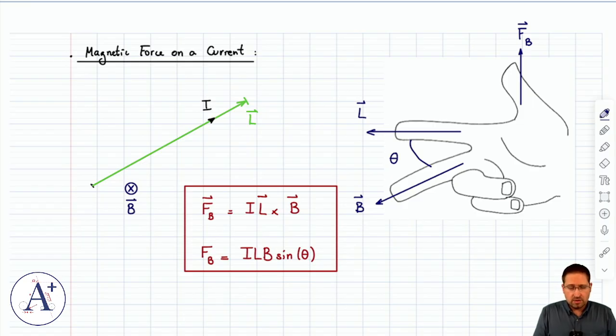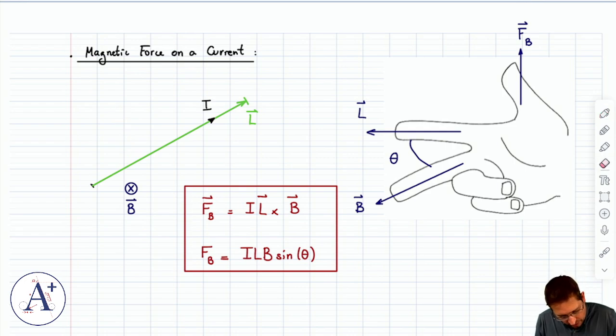Okay. So if I do that here and I put the forefinger of my right hand pointing northeast, basically, and my middle finger into the page, my thumb should be pointing somewhere in this direction. Now you might say, well, that's kind of approximate. How do I know exactly the direction?